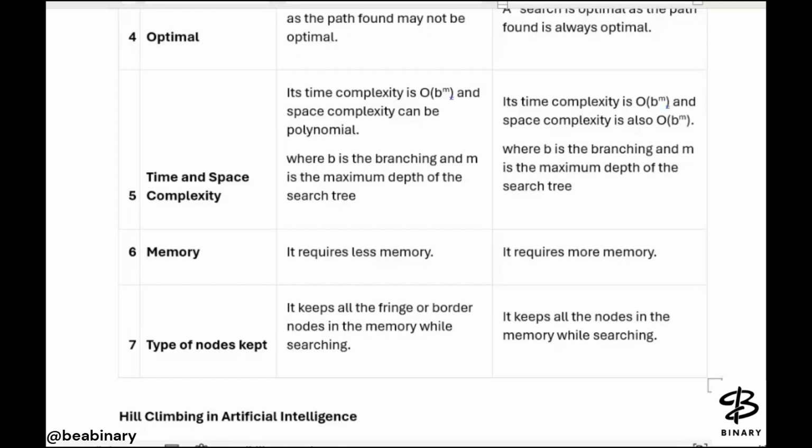So BFS is not dependent on the history or past knowledge, so that's why it requires less memory, and A asterisk requires more memory. Why? Because of the past nodes also, because BFS only keeps the fringe or border nodes in the present state, but A asterisk keeps all nodes in memory while searching. So that's why it requires more memory.